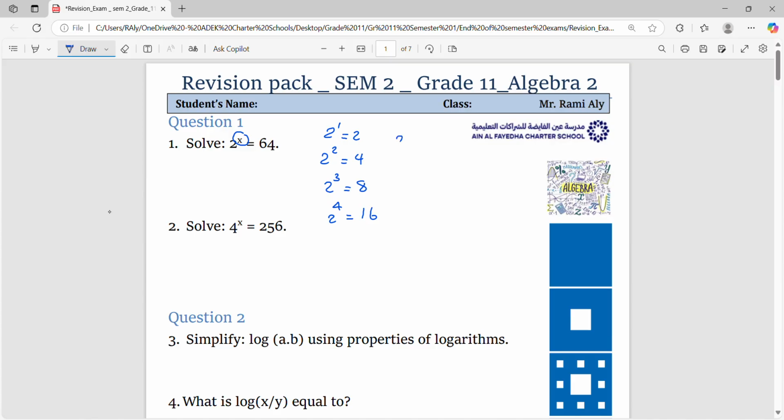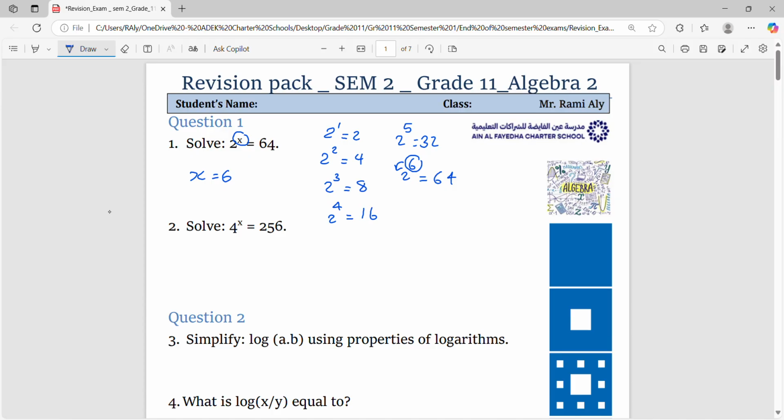Then 2 to the power of 5 is 32, 2 to the power of 6 equals 64. So what is the correct answer? What power of 2 gives me 64? The answer equals 6. All these calculations can be done with a calculator. So this is the guessing method.